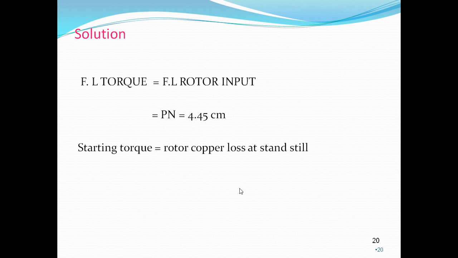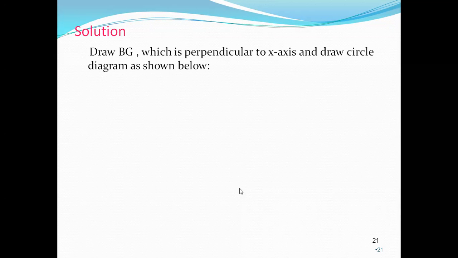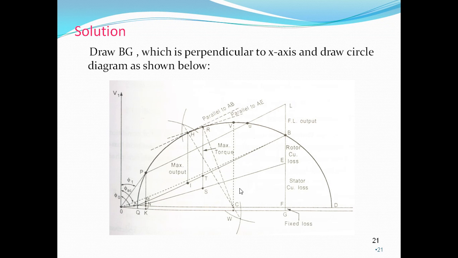Starting torque is equal to rotor copper losses at standstill. This starting torque is nothing but BE. Measure BE, which gives a length of 3.75 centimeters.